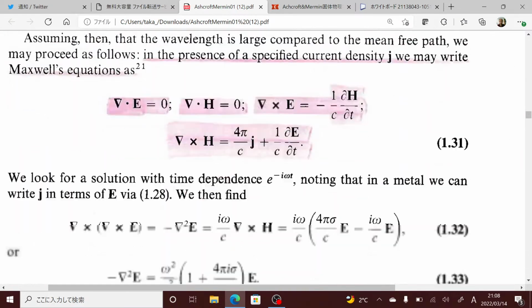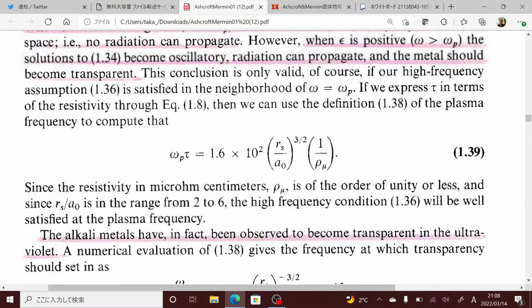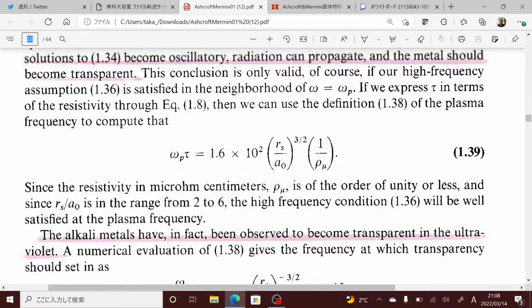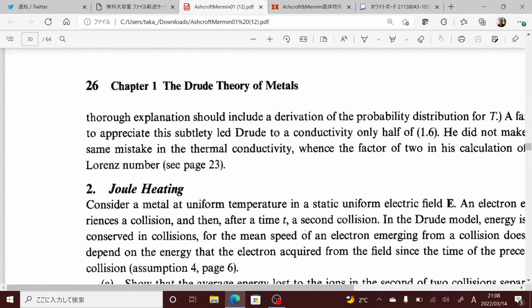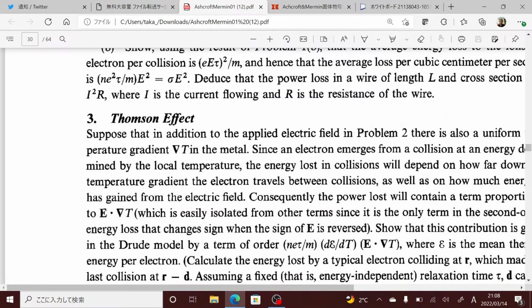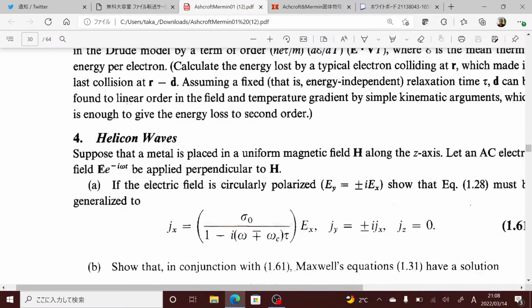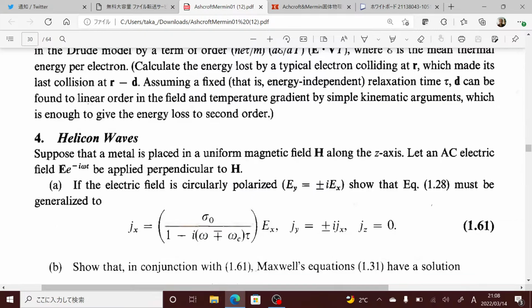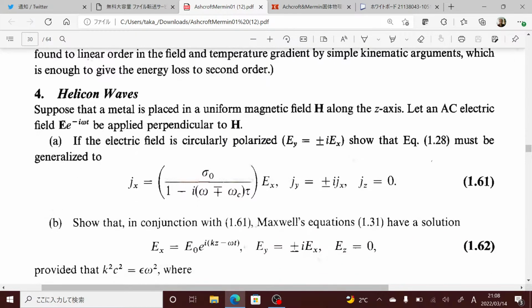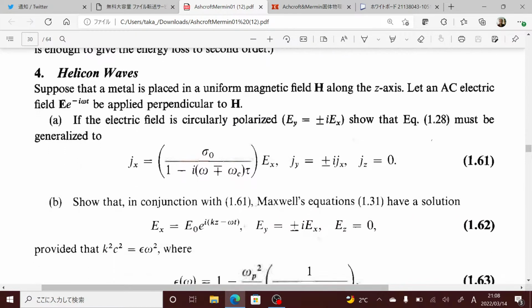Anyway, so then I can go to page 30. This is generalized, circularly polarized. Show that equation 28 must be generalized to this.